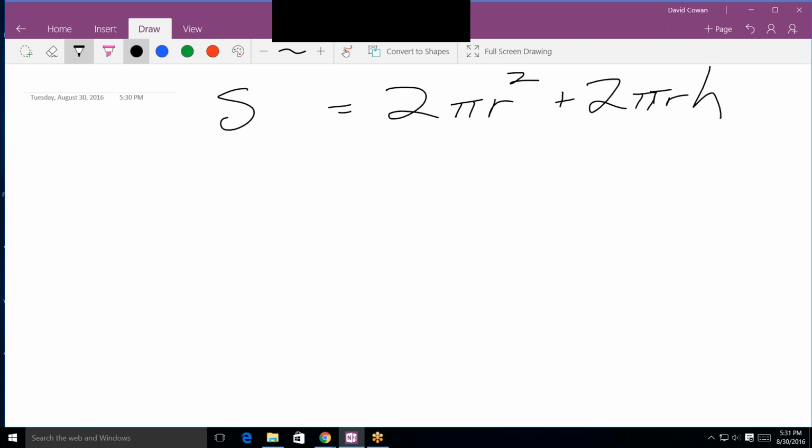So first we have to go S equals. We're trying to solve for h. So let's start with that side of the equation, getting rid of everything that's with that. While I'm doing that, S equals h, and then in parentheses, 2 times pi times r squared plus 2 times pi times r.